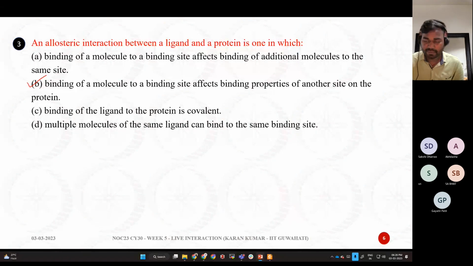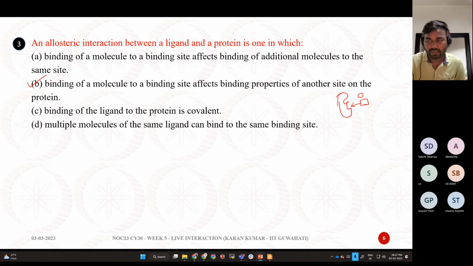Okay, and can somebody give me an example of allosteric activation? Anyone? Let us say there are two binding sites in a particular protein. If this particular molecule binds here and it activates the binding of this, what kind of situation will it be? Allosteric activation or allosteric inhibition?